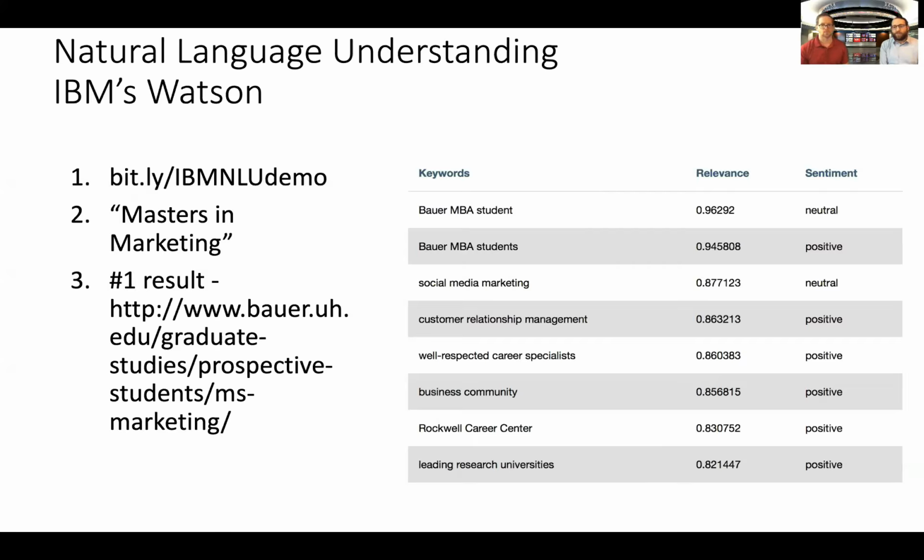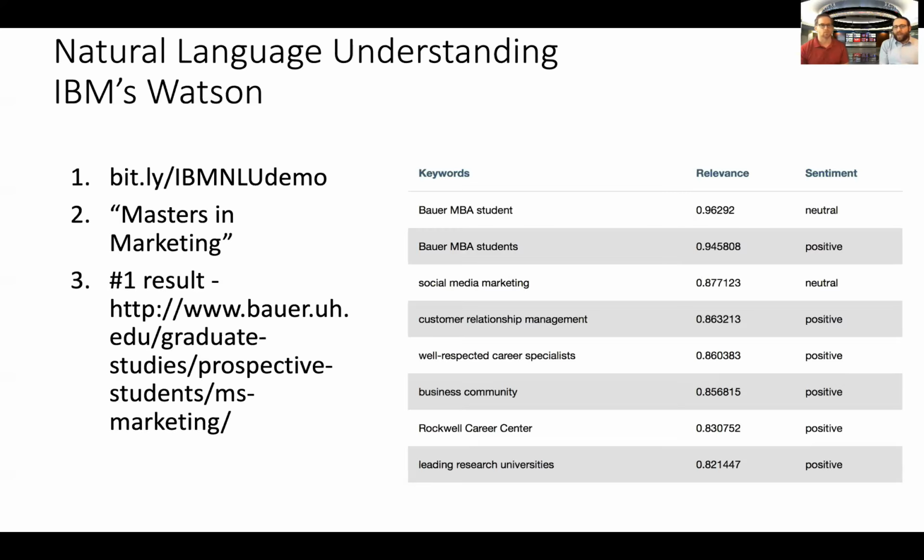But then there's a relevance score. And the relevance score shows how significantly related this keyword is to the article. So we can see that at 96%, this article is really about Bauer MBA student. And if I go to the bottom of the list, I can see 82%, it talks about leading research university, but not as much. But either way, what does this list tell me?